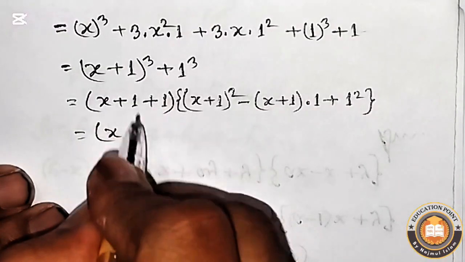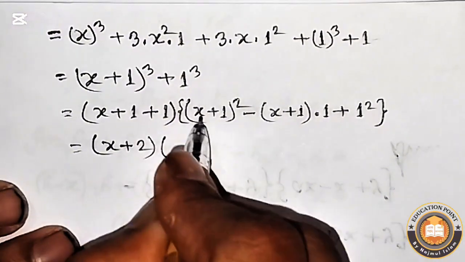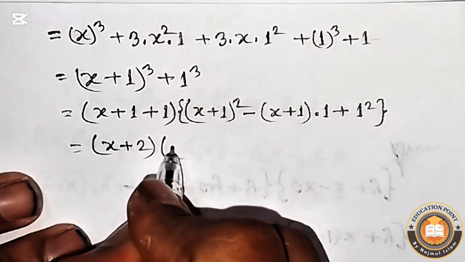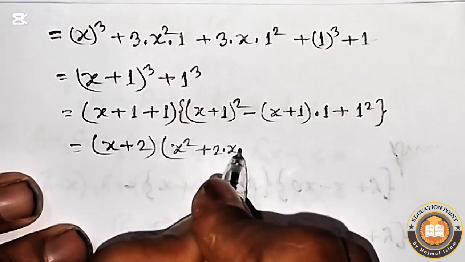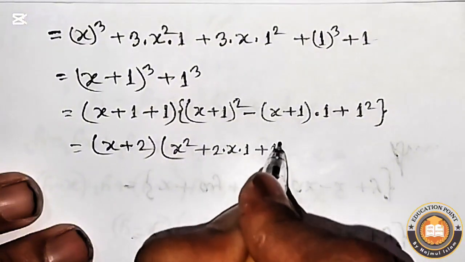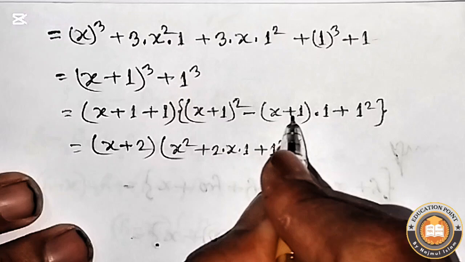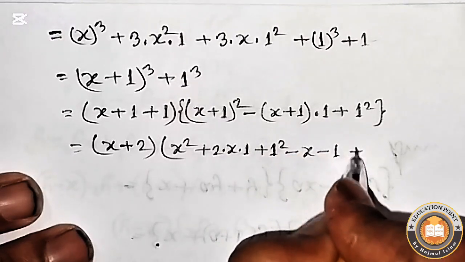Adding the values of 1 and 1, here we will apply the formula of a plus b whole square, that means x square plus 2 into x into 1 plus 1 square, minus 1 multiplied as x plus 1, that means minus x minus 1, plus 1.